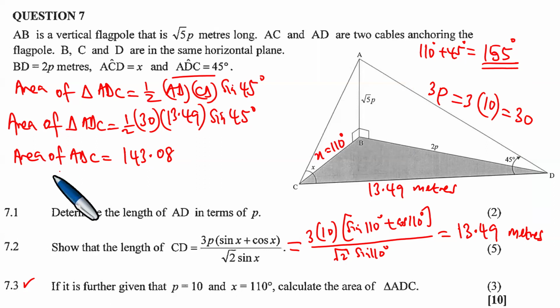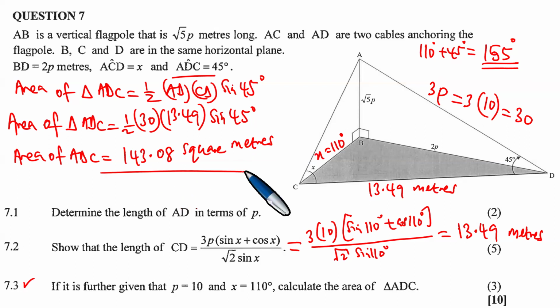So the area of triangle ADC is 143.08 square meters. So this gives us the area of the triangle ADC. That is the area.